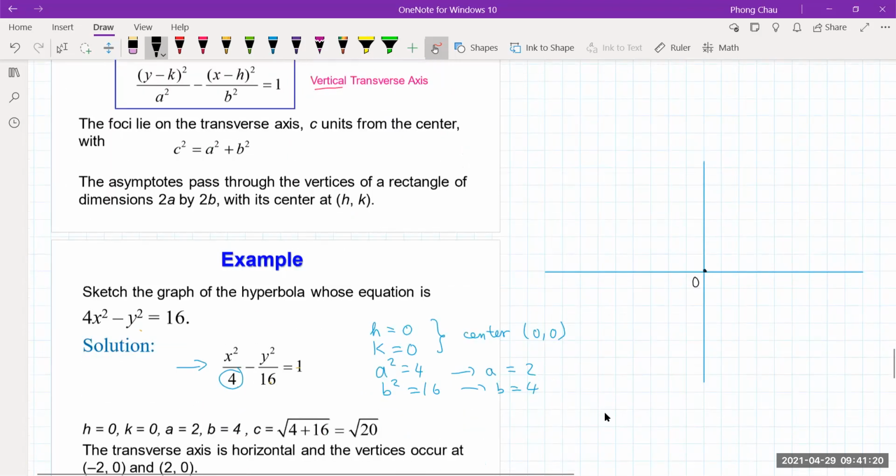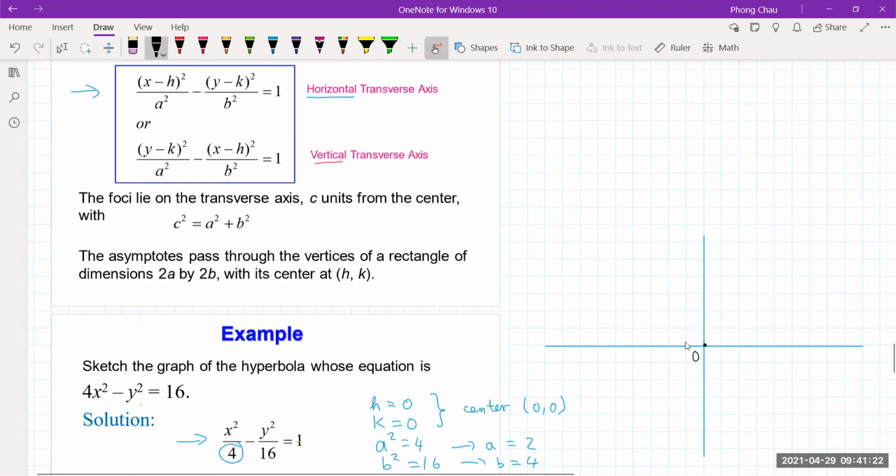So underneath the X, I'm going to move 2 units to the left, 1, 2. Right, so that'll be your vertex 1. That'll be the vertex 2. Okay, that's V1 and V2.